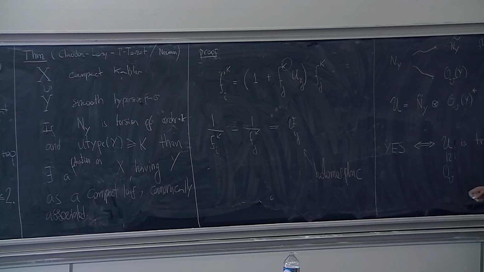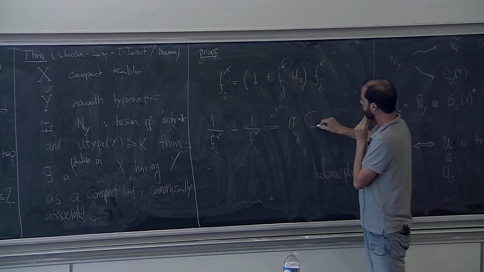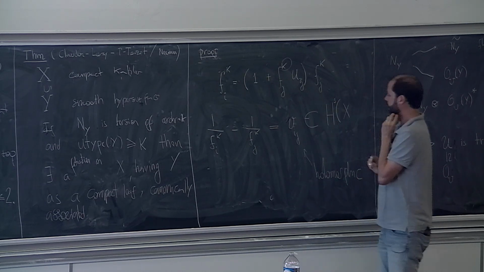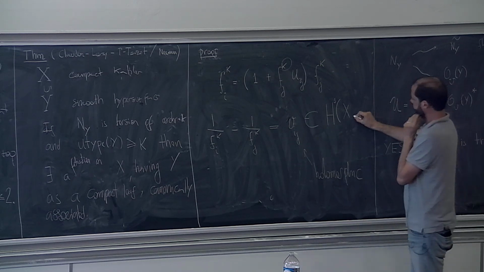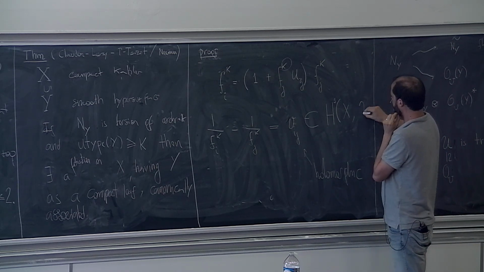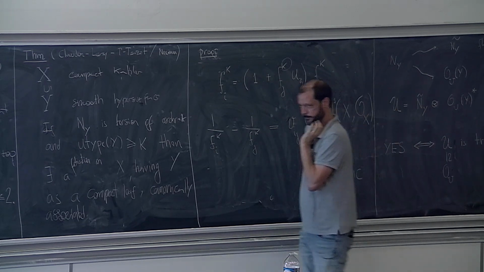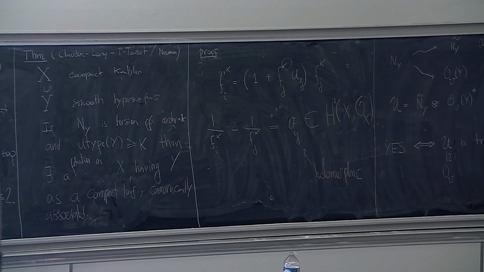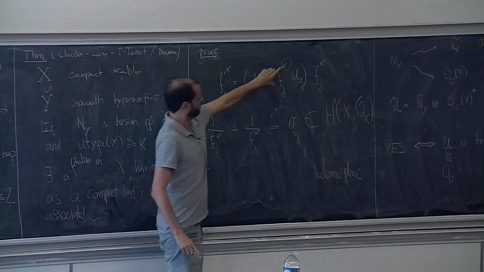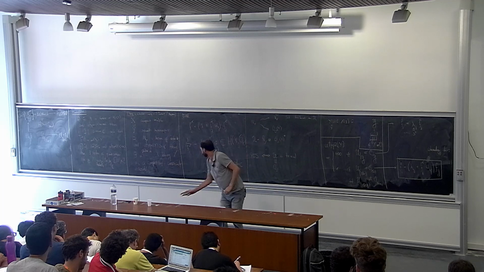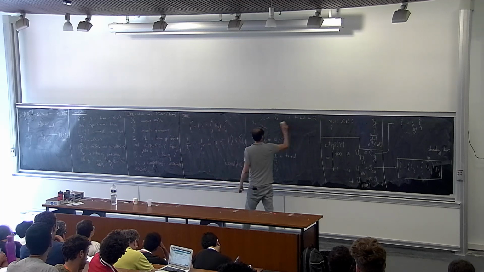And it clearly defines a class in H^1(X, O_X). Right? We need this power k here because we are taking the inverse, and then to counterbalance with this 1 over f_j^k.